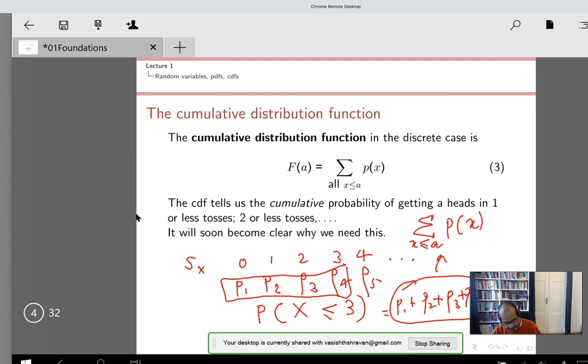In this case, the example I'm giving you here is that the number a is this 3. So the probability of observing all possible x's that are less than or equal to 3 is the summing up of these probabilities. So that's what this cumulative distribution function gives us, and you can see the connection between this cumulative distribution function and the probability mass function in the discrete random variable.